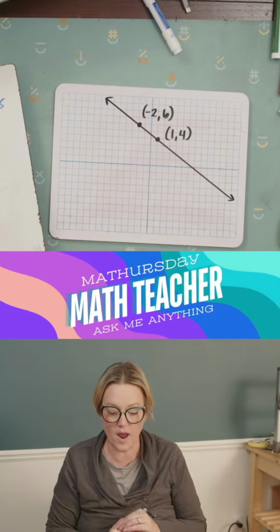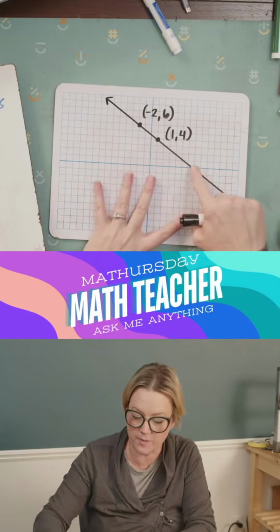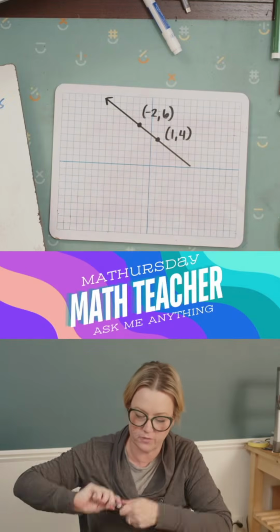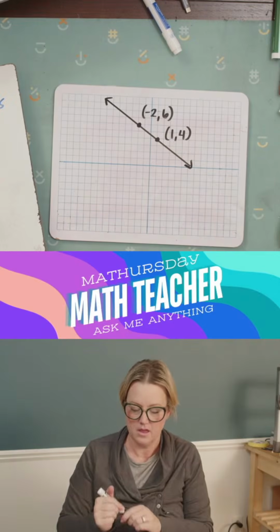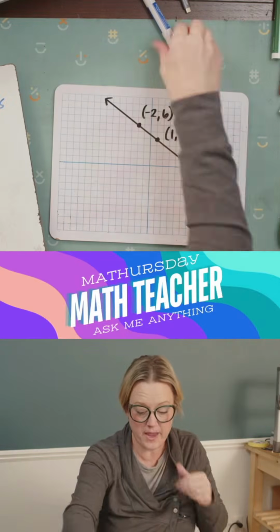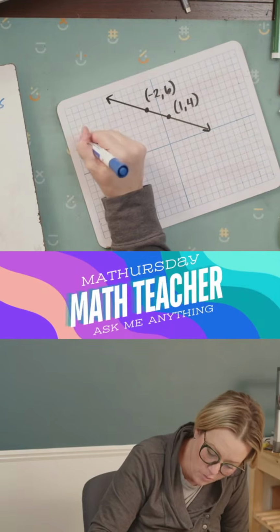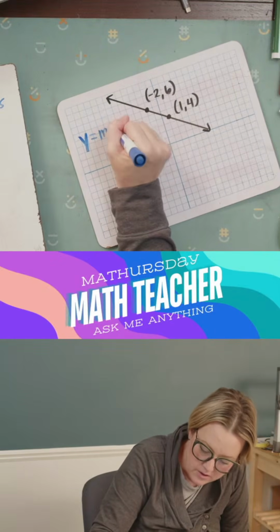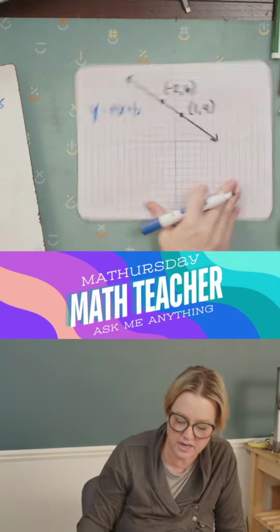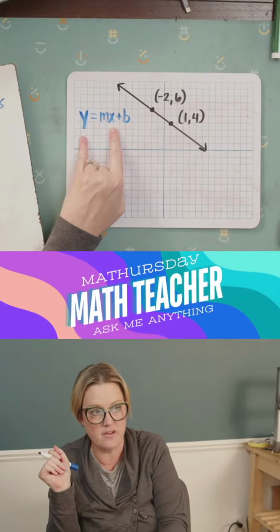And again, we're going to write out the slope-intercept form of this equation. I'm just going to erase this so we have more room to work. So slope-intercept form is y = mx + b. This equation is relating the x values and the y values.